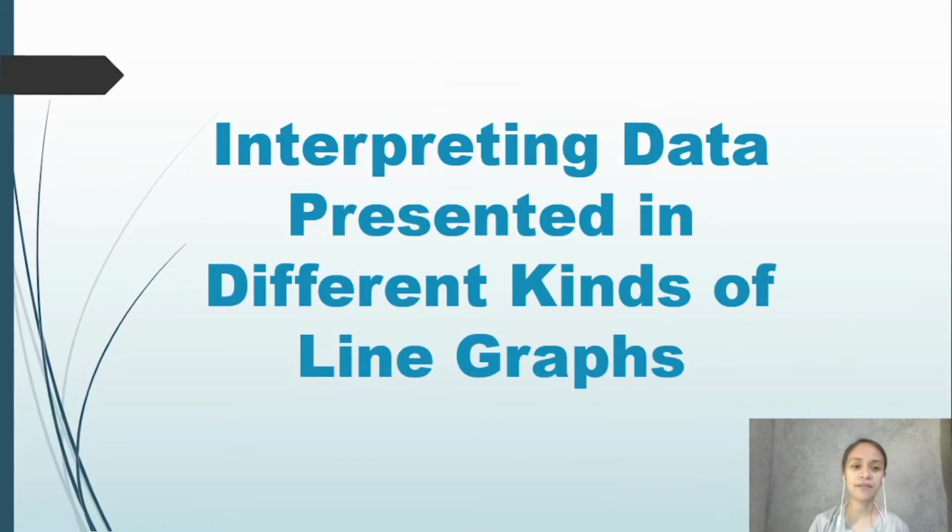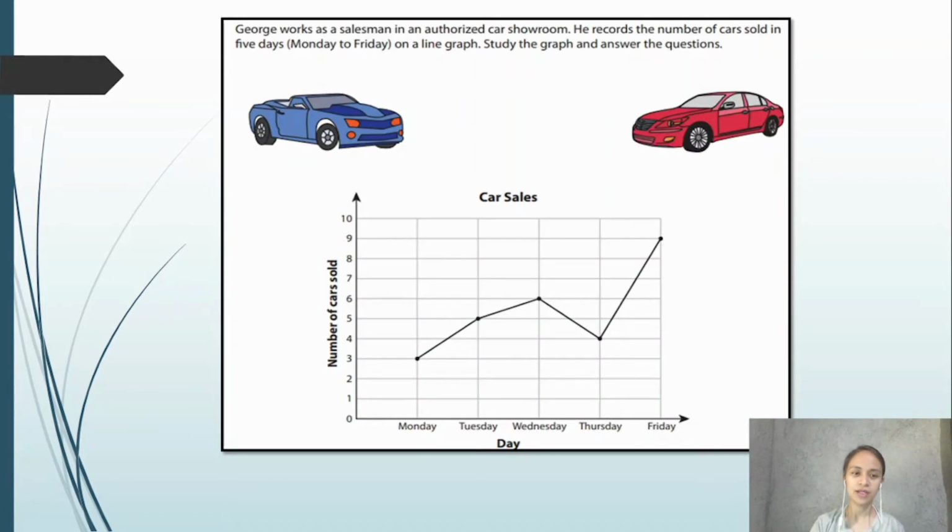Now, let us have the discussion about interpreting data presented in different kinds of line graphs. Let us have this line graph. George works as a salesman in an authorized car showroom. He records the number of cars sold in 5 days, Monday to Friday, on a line graph.